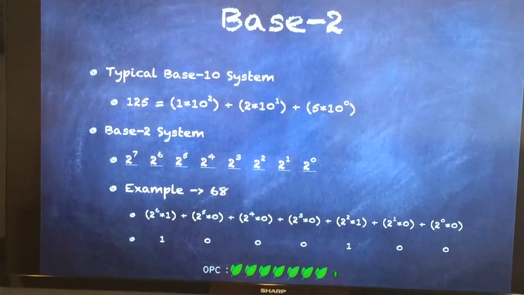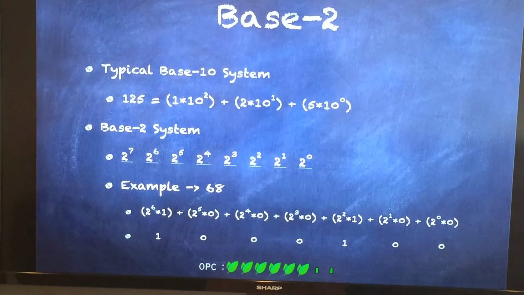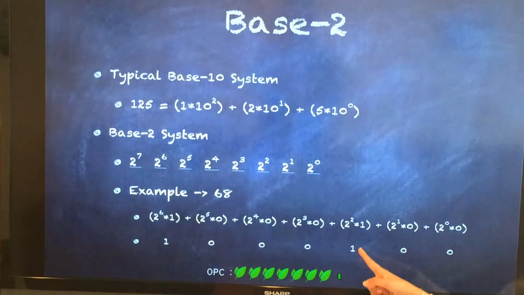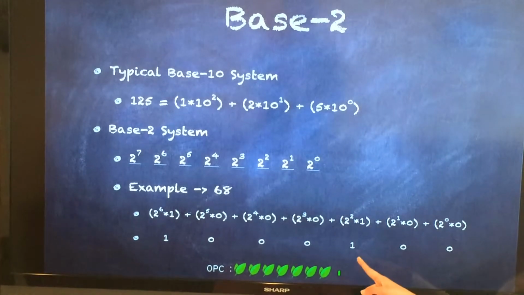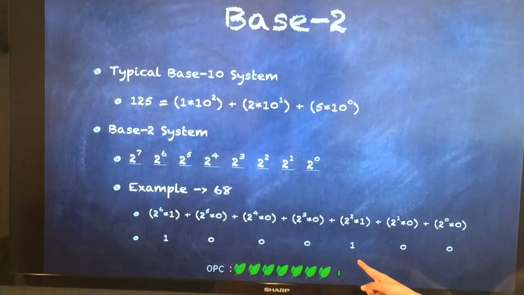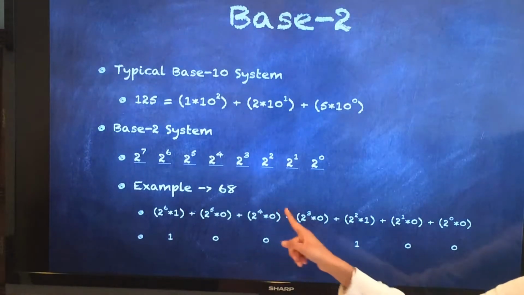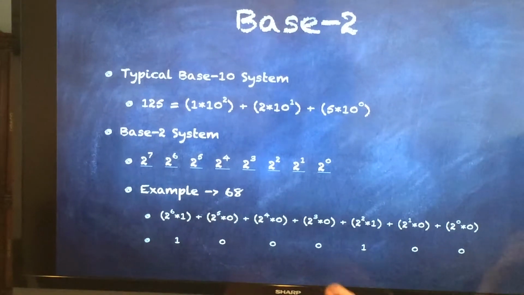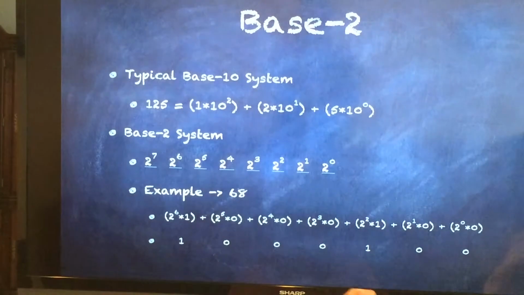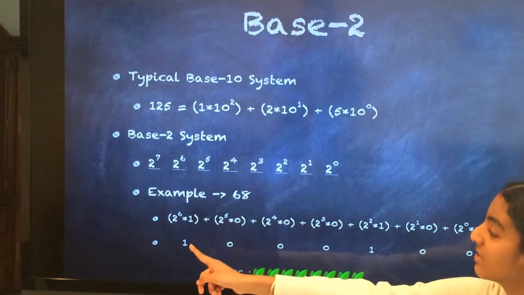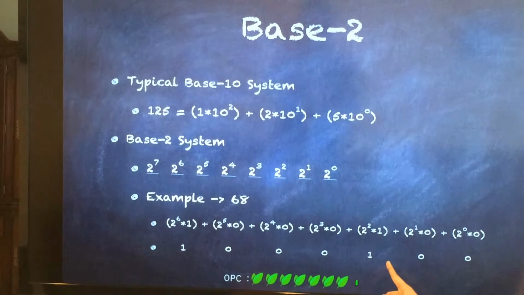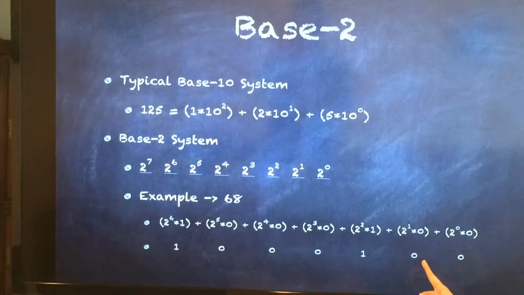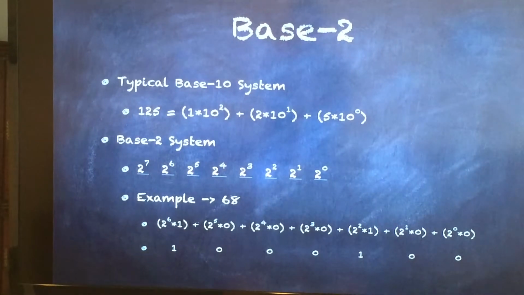Now, doing 68 minus 64, we see that we have 4 remaining, and therefore we would go over to the column with 2 squared and multiply it by 1, making this digit 1. Except we have all these places in between, 2 to the 5, 2 to the 4, and 2 to the 3. So we have to write zeros here to make it obvious that this one is representing the 2 to the 6th place, and this one is representing the 2 squared column. And then similarly, to finish our number, we would end with 2 zeros for the last 2 places.